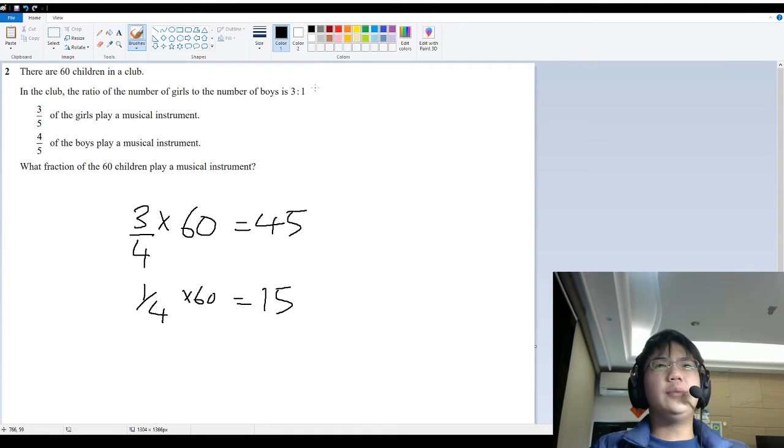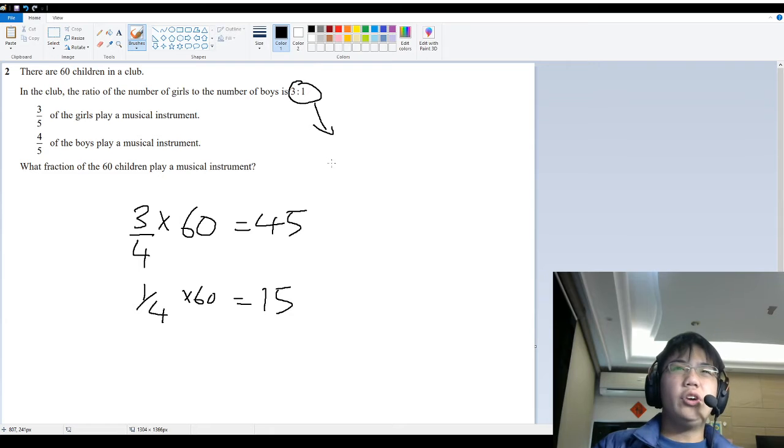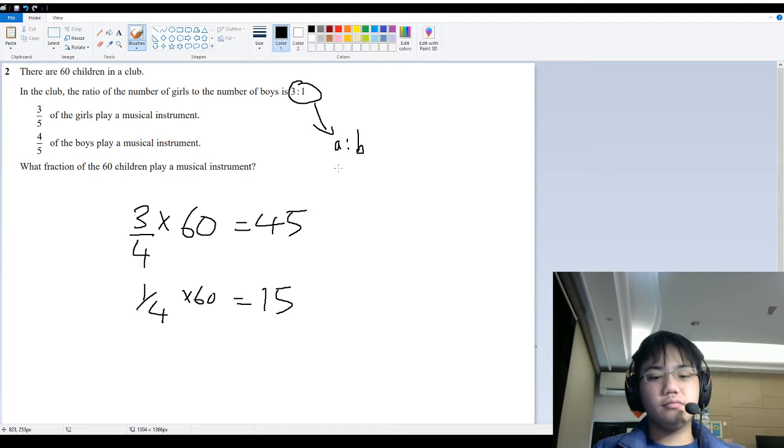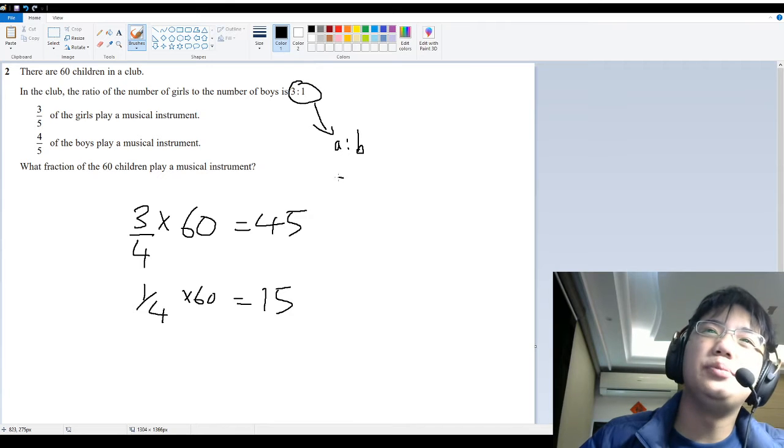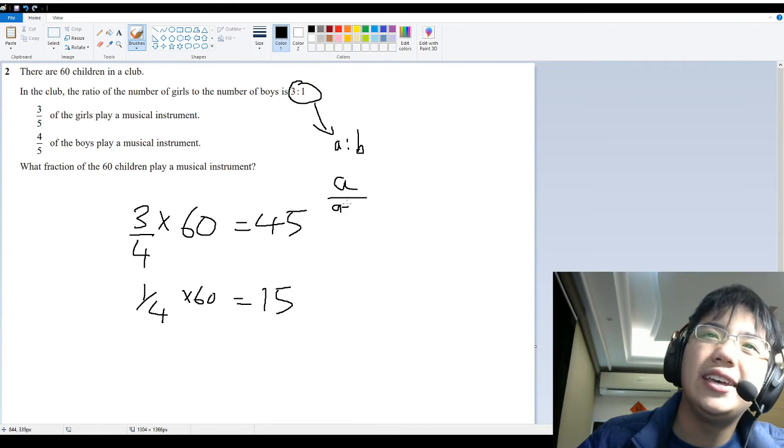The fraction here comes from this ratio over here, where if you have a ratio A to B, the amount of objects on each side of the ratio can be said to be A over A plus B times the total number of things.